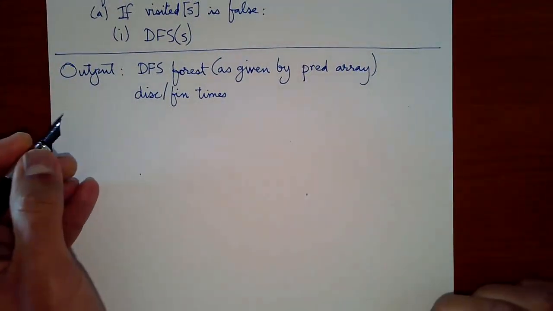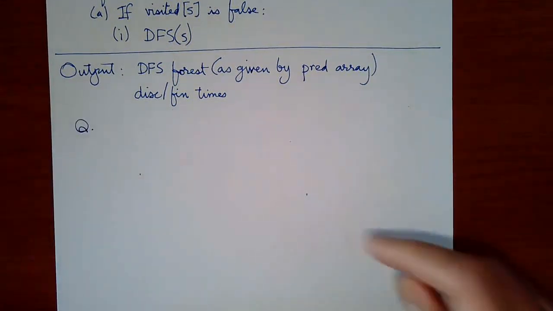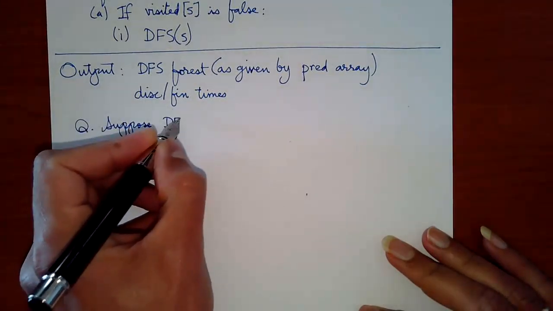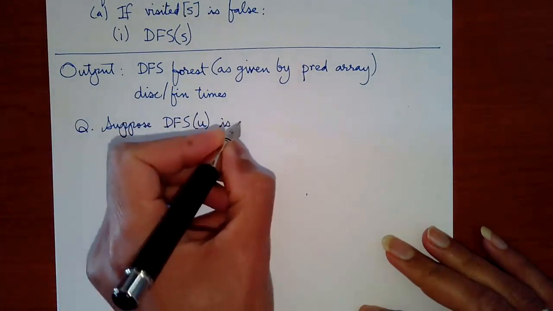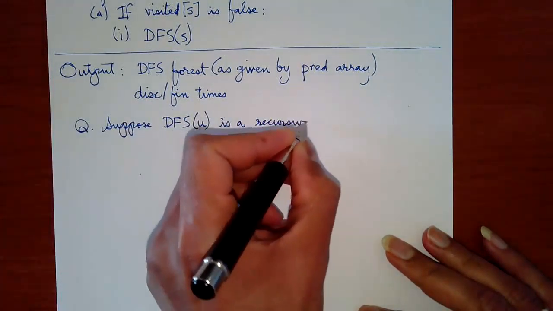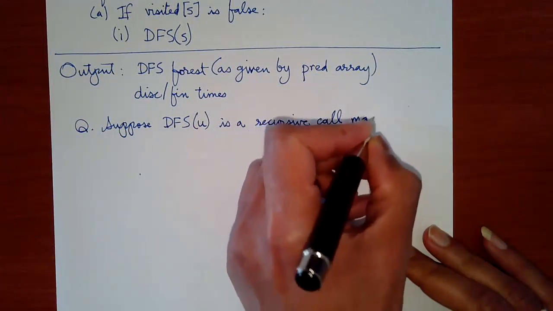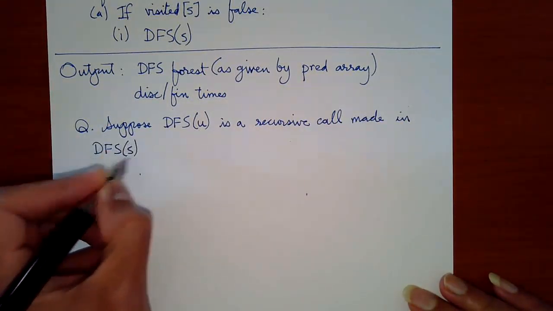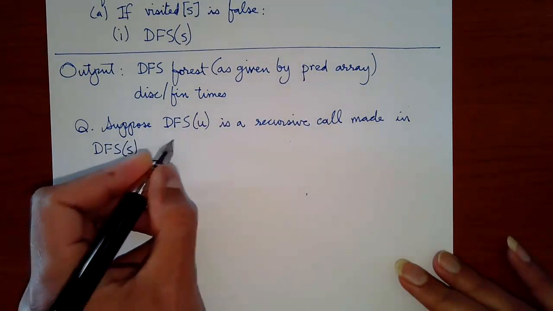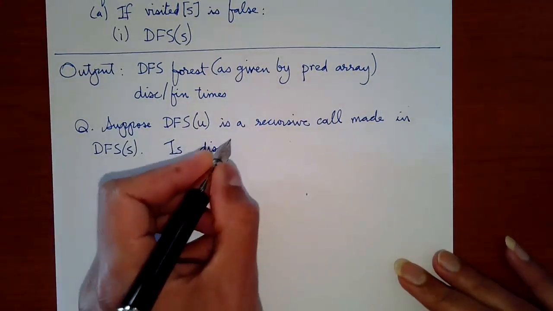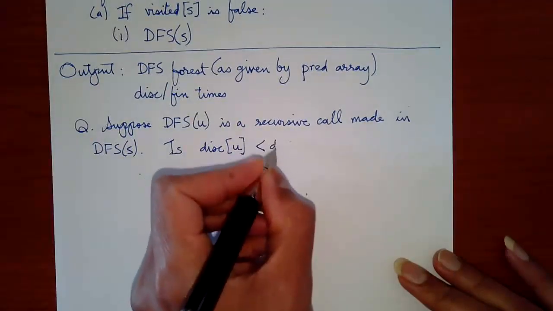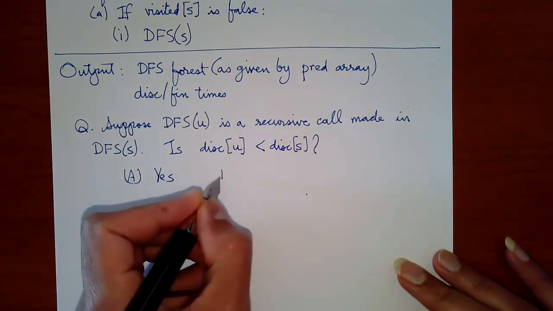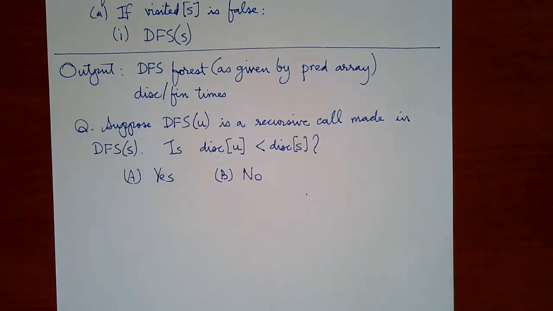So my first question is, suppose DFS U is a recursive call made in DFS S. Is the discovery time of U less than the discovery time of S? A is yes, B is no. I'm going to launch the poll.